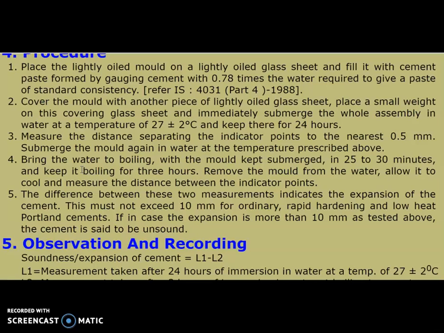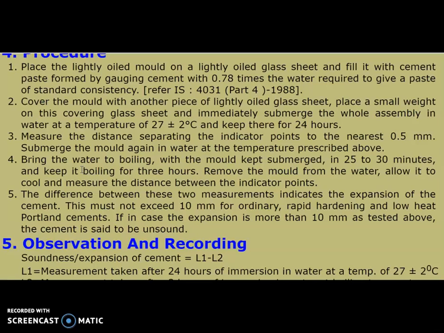Once that is done, you find out the distance between the indicators again.